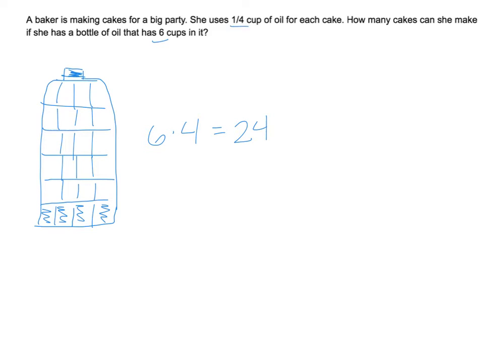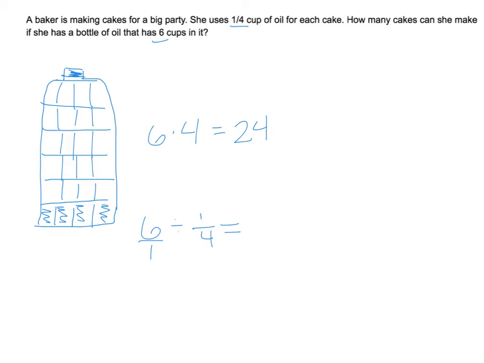To put it into a division problem, though, using just the numbers we were given, 6 is being divided up into 1/4 cup sections. So 6 divided by 1/4, we're going to change this first into an improper fraction.